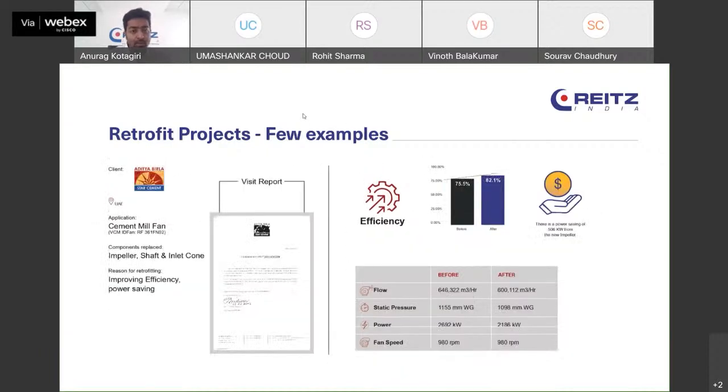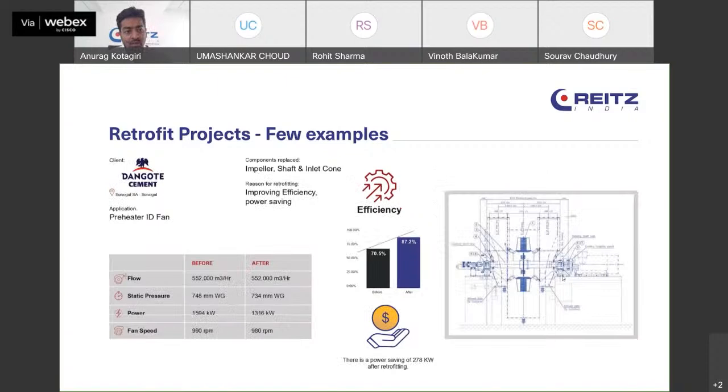Another example of the cement mill fan in UAE for Star Cement. We even got a letter of appreciation. Massive power savings, as you can see, 506 kilowatt from our impeller, and an increase in efficiency from 75 to almost 82%. Another one for Dangote.